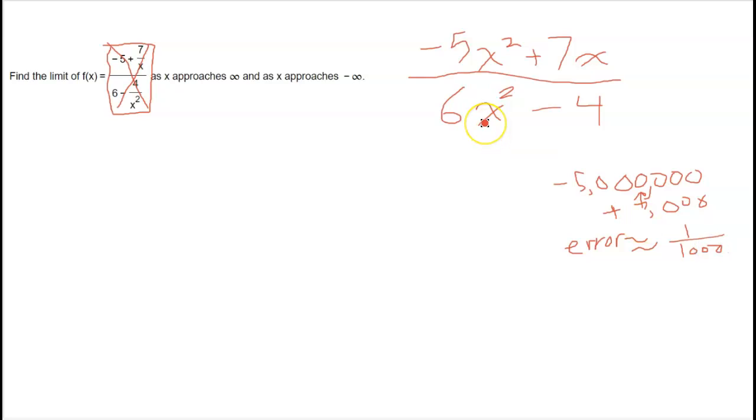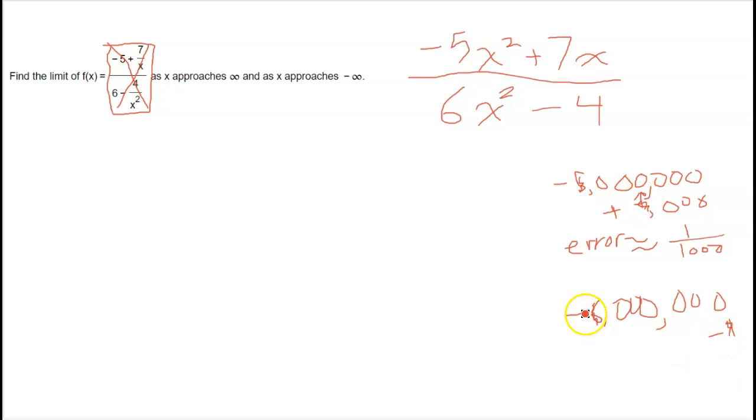And when we look at the bottom of the fraction, oh goodness, that's negative 6 million. Again, we're using x as 1,000. And then minus 4. Oh my goodness. Again, let's blur our eyes at the 6 and the 4, like we ignored the 5 and the 7.